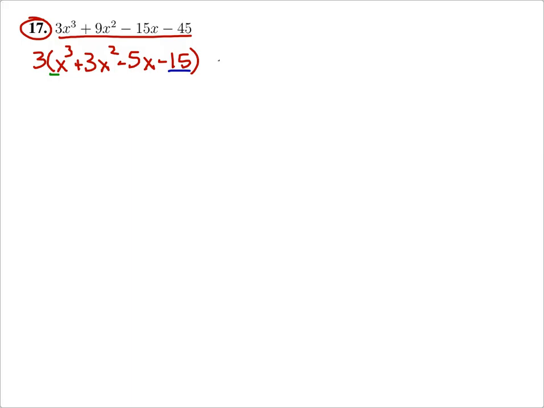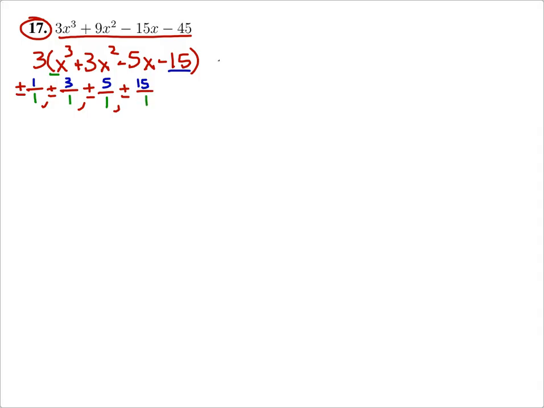Now, again, making a list, that means we're talking about perhaps 1 over 1 plus or minus, or 3 over 1 plus or minus, or 5 over 1 plus or minus, or 15 over 1 plus or minus.